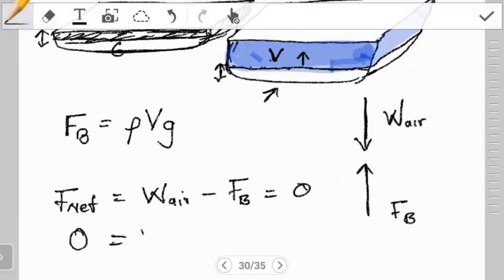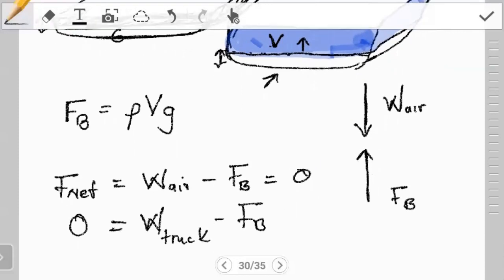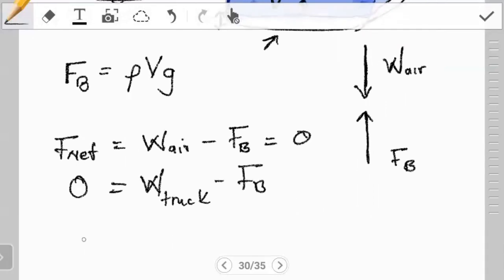So when you subtract the weight in air, which is basically just the weight of the truck, minus the buoyant force after that 4 centimeter dip, the difference must give you zero. So in other words, the buoyant force and the weight of the truck are basically equal in this case.